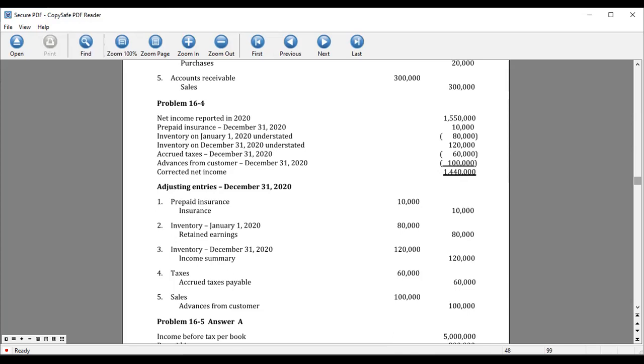On December 5, 2020, a cash advance of 100,000 by a customer was received for goods to be delivered in January 2021. So the entry originally was debited to cash and credited to sales.